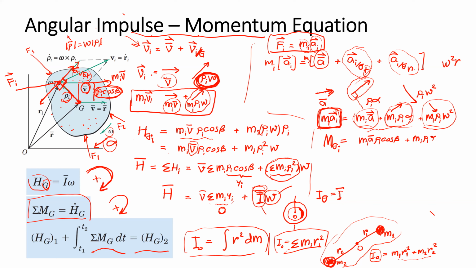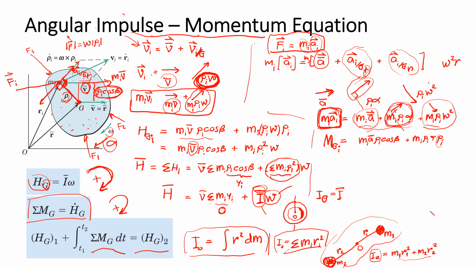The radius between the tangential force and the center G is the magnitude of rho_i. So for the tangential force, the moment will be the force multiplied by the radius rho_i, because it's always perpendicular between the tangential and the radius.